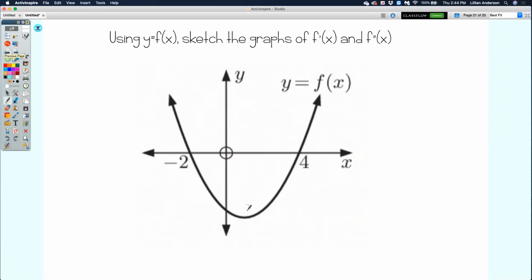Since this is a quadratic and it's pointing up, or it looks like a quadratic and it's pointing up, this point right here represents, I'm going to go ahead and label it A, represents a what? Minimum. Global minimum, which means that if there's a minimum, that means that our first derivative is what?